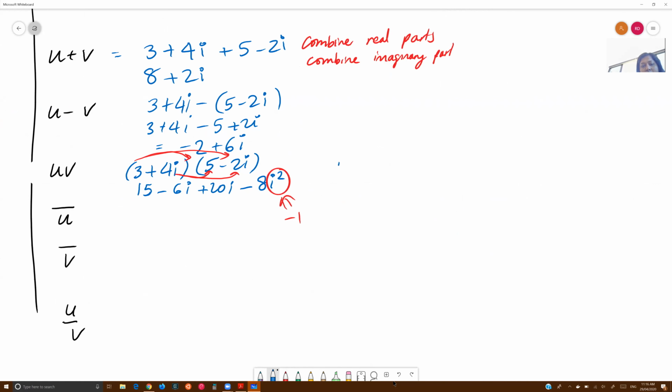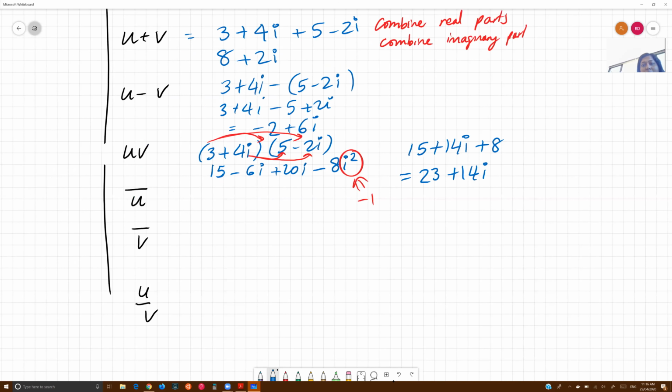So I've got 15, and combining these like terms, that becomes plus 14i, and minus 8 times negative 1, that's positive 8. And so for the final result, combining the real parts, 15 plus 8 is 23, plus 14i, and that's the final result.